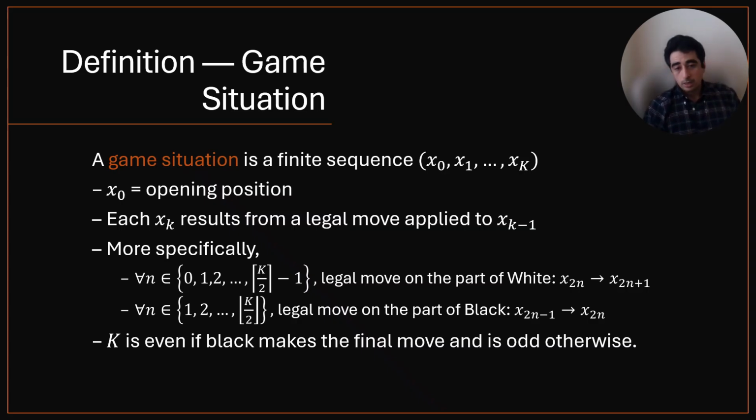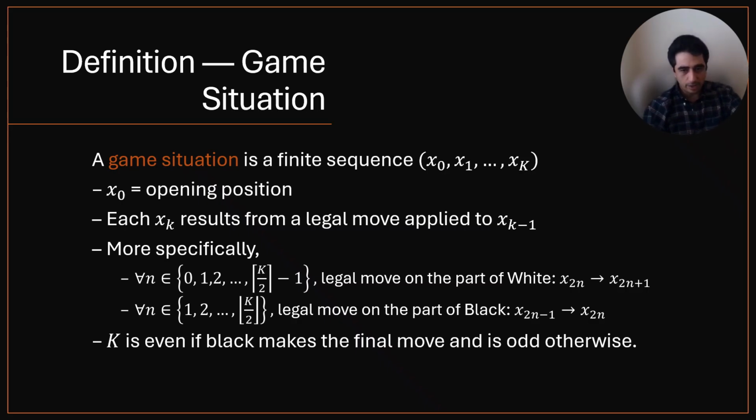But if you want to focus a little bit more on this definition, because we have two players in this game, then the turns are changing alternately. That basically means all the moves from even indices to odd indices should be played by white.